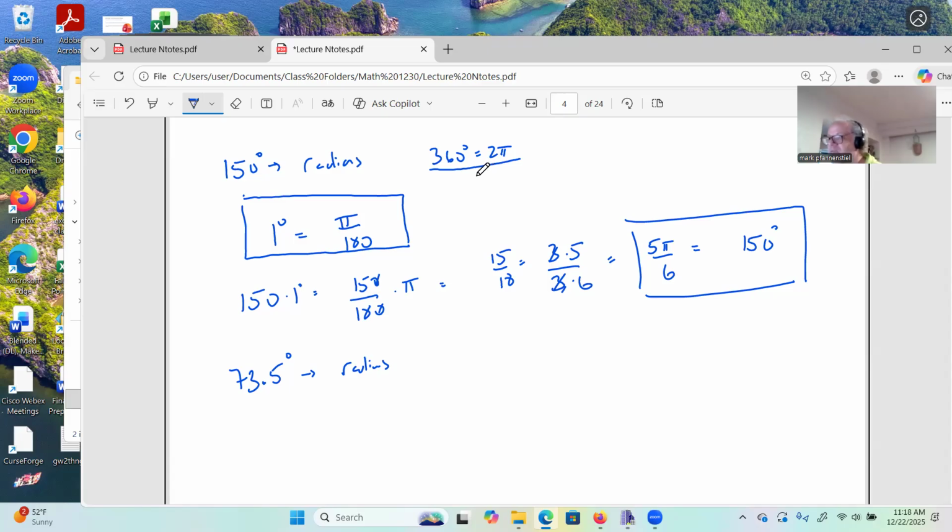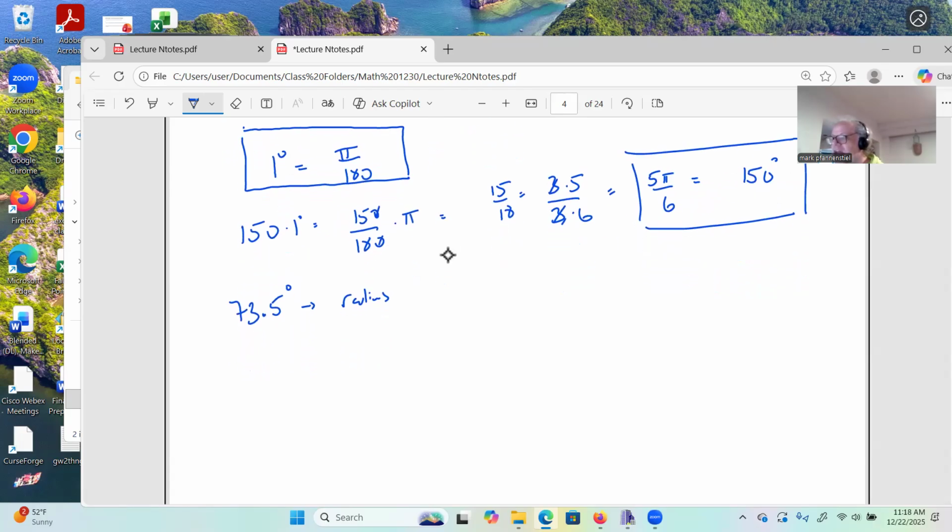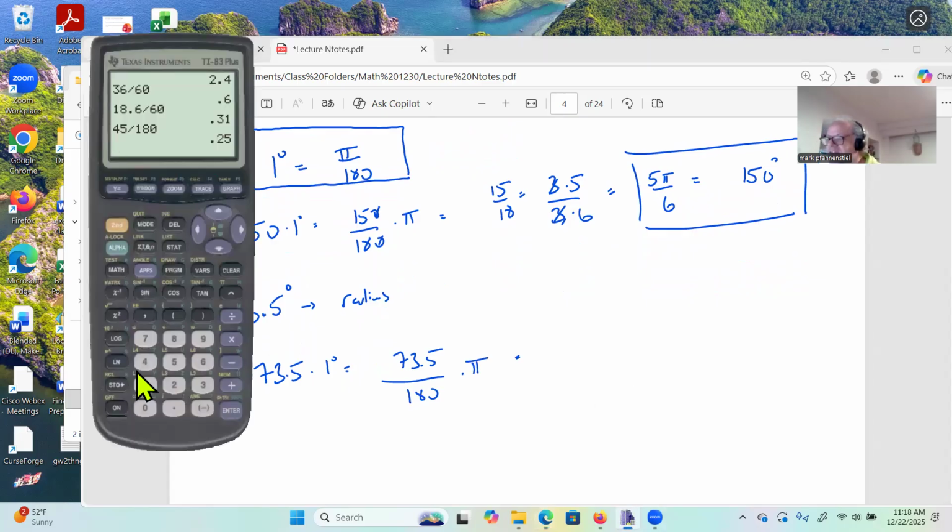Again, we have 1 degree is equal to pi over 180. So we could say 73.5 times 1 degree is equal to 73.5 divided by 180 times pi. We'll do a calculation for that one because I don't know what that is. 73.5 divided by 180 is not going to be pretty, but that's okay.